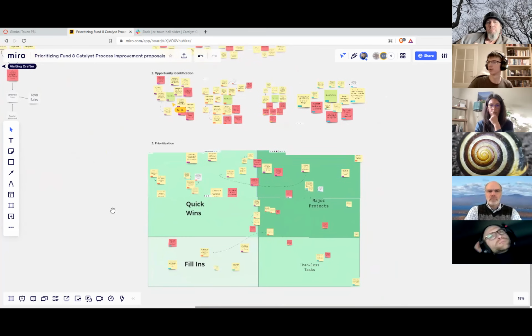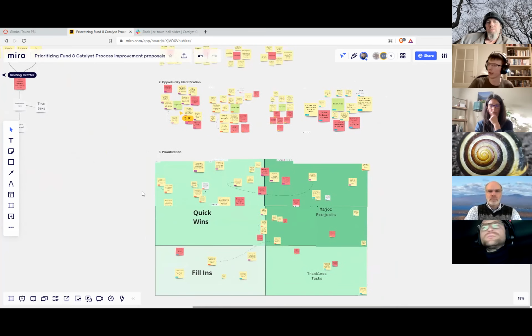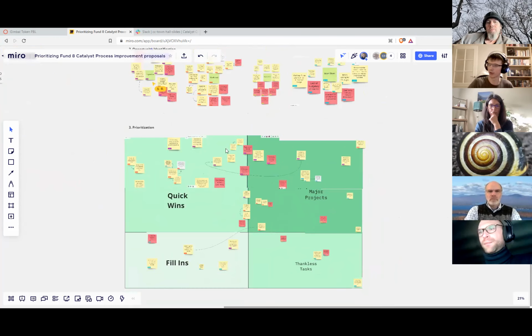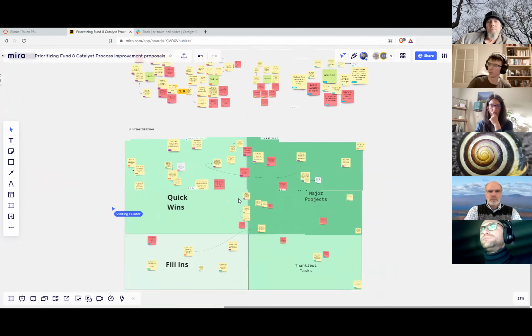But I would like to focus us a little on the prioritization section, where we gave a rough idea of what some of these solutions could do for this fund, for our upcoming fund, and for the future funds.